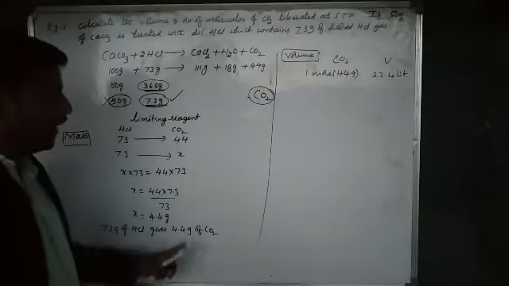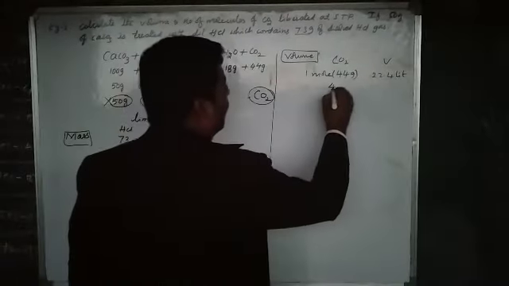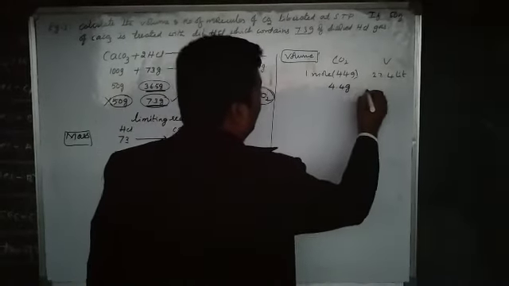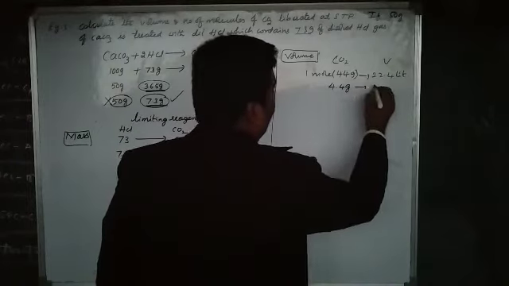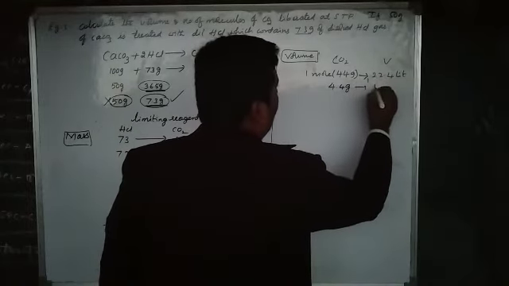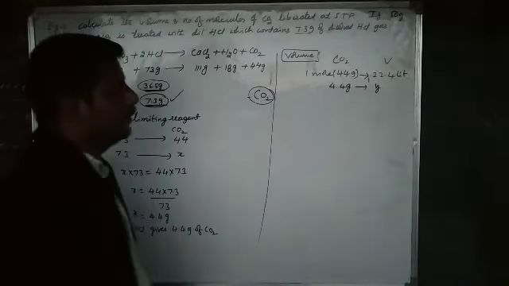But here we get 4.4 grams of carbon dioxide. 4.4 grams of carbon dioxide can occupy Y liters of volume.